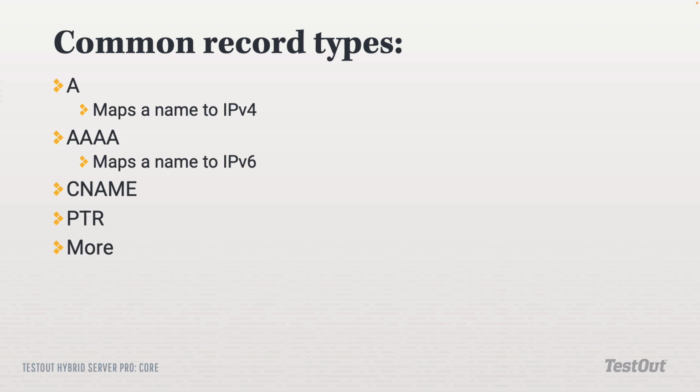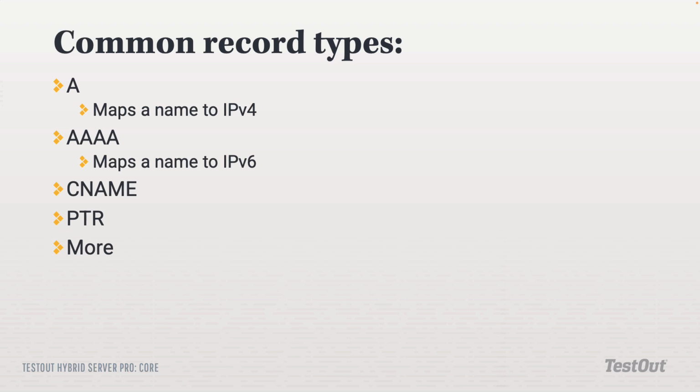You'll also see a similar thing with IP version 6, but that's the AAAA record, because everything in IPv6 is even more confusing, so that's four times as confusing, I guess. The AAAA record is going to take a name and tie it to an IP version 6 address. Next, we have our CNAMEs.